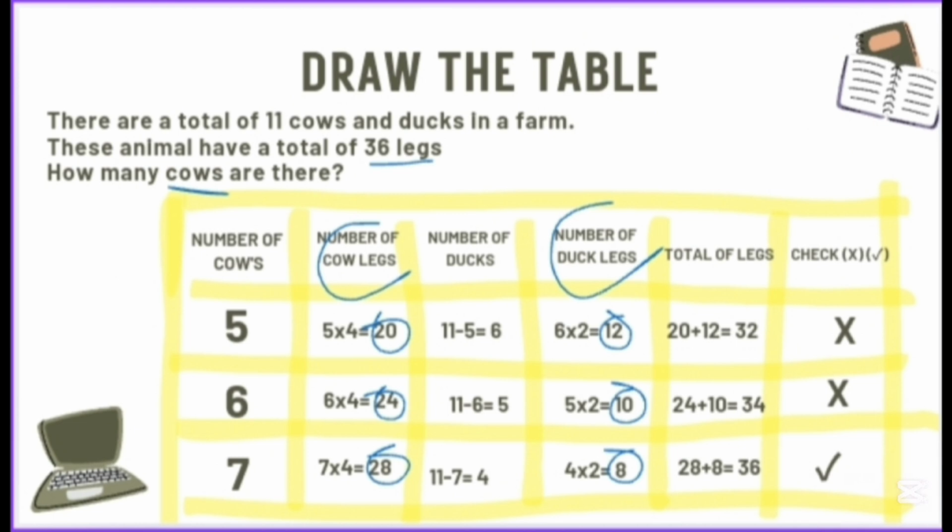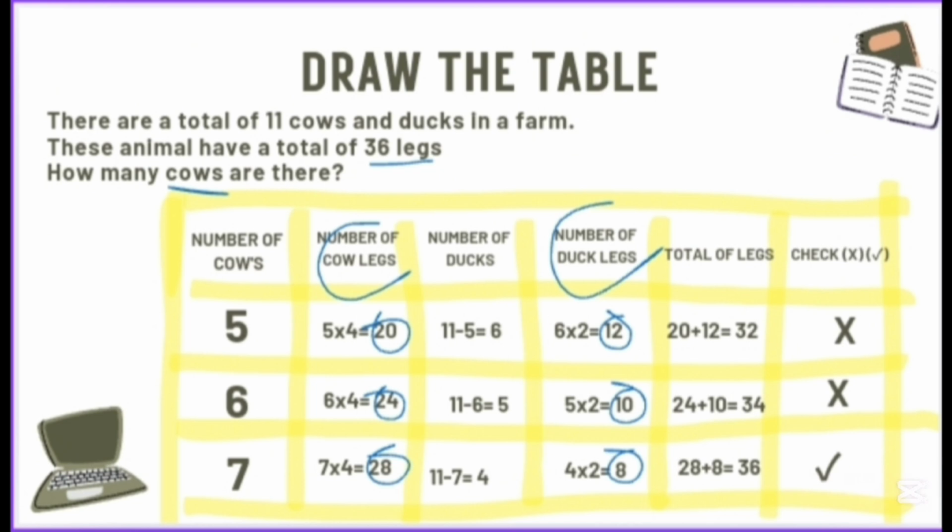But the problem asks for 36 legs, and we only have 32, which means we need more legs. Since cows have more legs, we need to increase the number of cows. Let's try 6 cows. If there are 6 cows, the total number of cow legs would be 6 times 4 equals 24 legs.